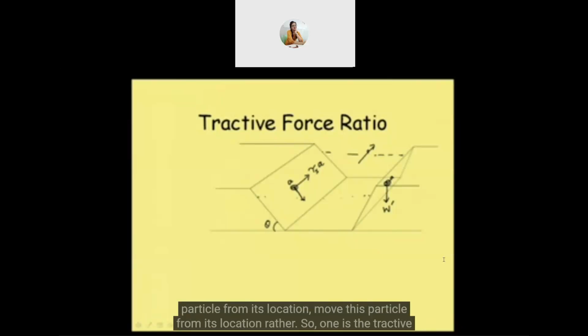One is the tractive force, tau S into A. Another is the force trying to move it along the slope in the downward direction because of gravity, which is basically the weight of the particle. We know that this angle is theta: if I draw a normal to this particular slope, the angle between this line and that line will be theta.